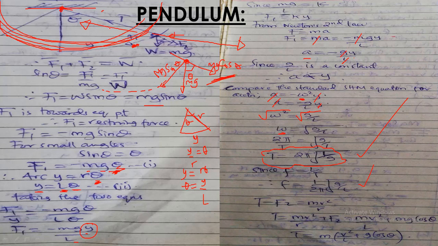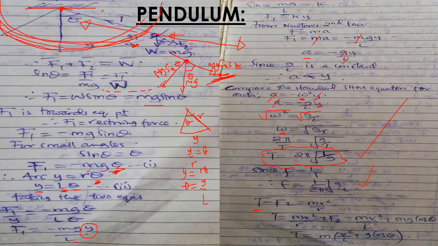So you have the tension minus the vertical component of the weight, tunapata centripetal force. So if you take the tension minus F2, for this case is the mg cos theta, tunapata sasa na centripetal force. So tension ya kwenye string is equal to mv squared over r plus F2.